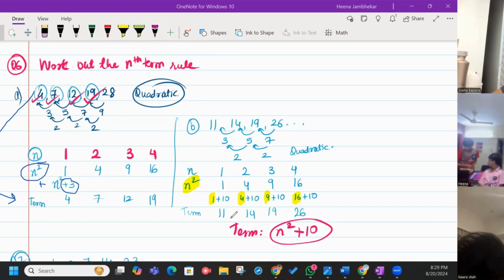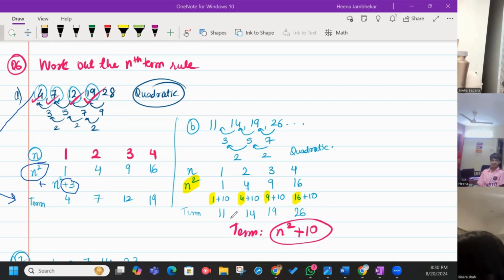So 1 plus how much will give you 11? 1 plus 10 gives you 11. 4 plus 10 gives you 14. Then 9 plus 10, and then 16 plus 10.